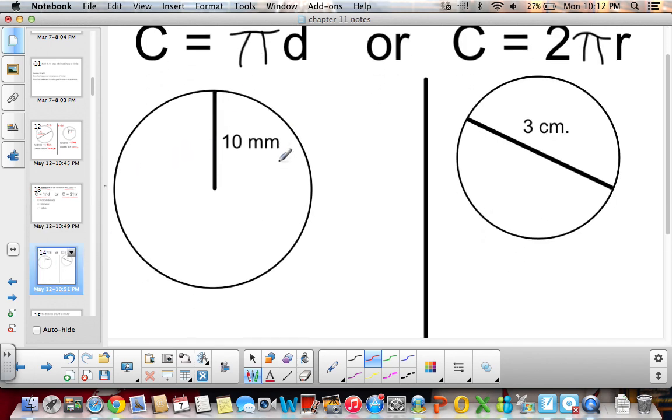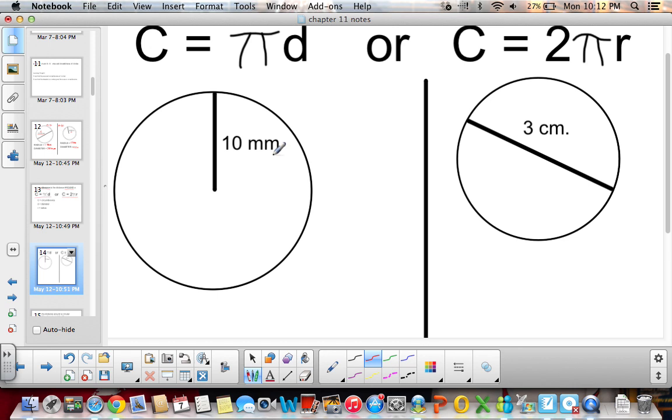So if we're given these two circles, when we look at a circle and if we're finding the circumference, we want to ask ourselves if we're given the radius or the diameter, and then which formula would be easiest to use. So for this circle with 10 millimeters, we are given the radius, because the radius again is half of the circle.